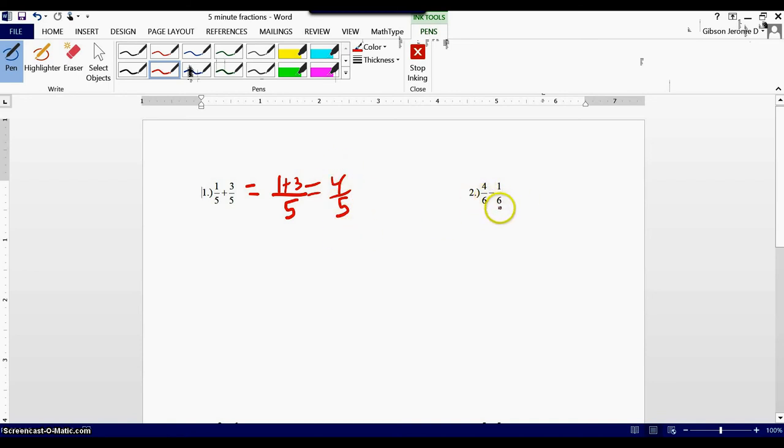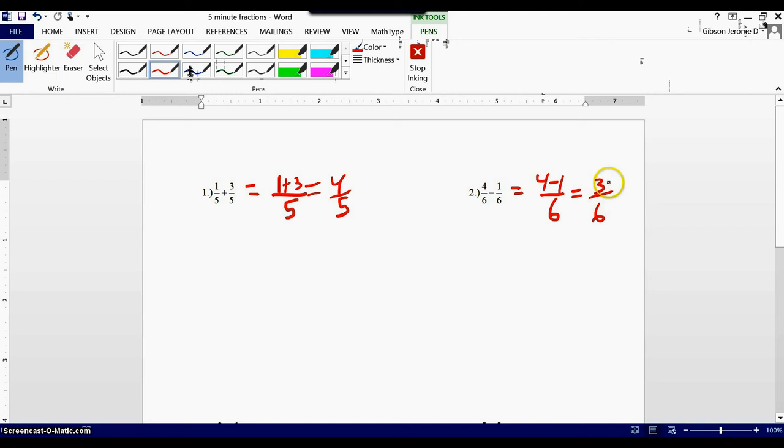Now we go here to number 2. We look at our denominators. We have 6, so we carry over our denominator 6. Now we subtract our numerators. We have 4 minus 1, which gives us 3 over 6. Now we look here at 3 over 6. We're going to try those rules. First of all, we notice both of these are not even, so we cannot divide both of them by 2.